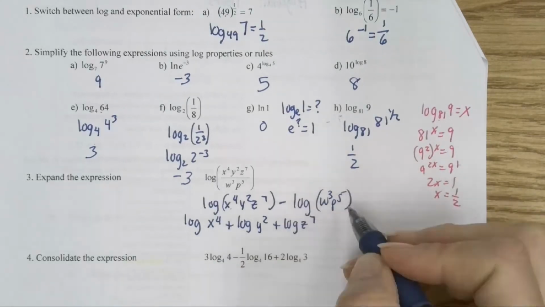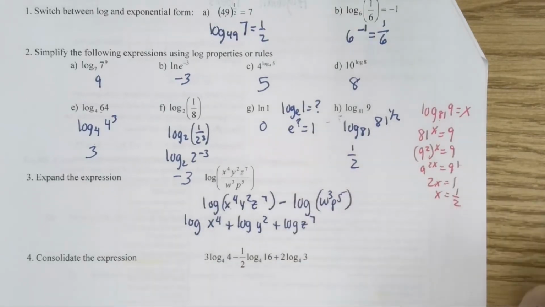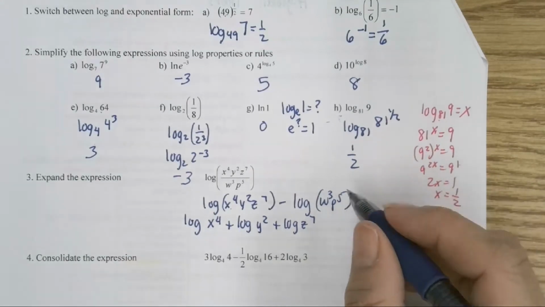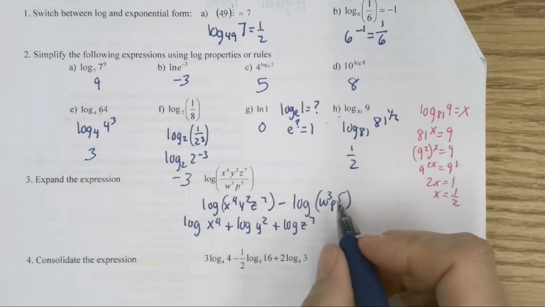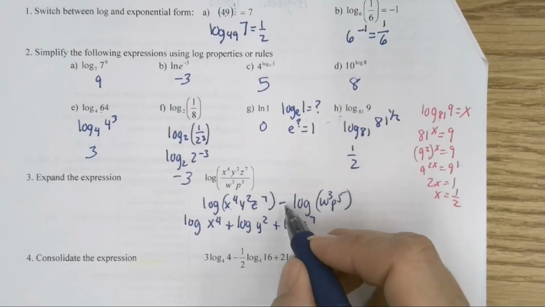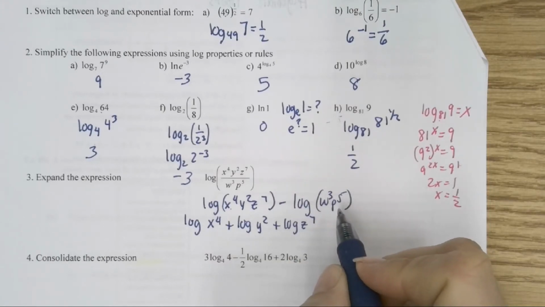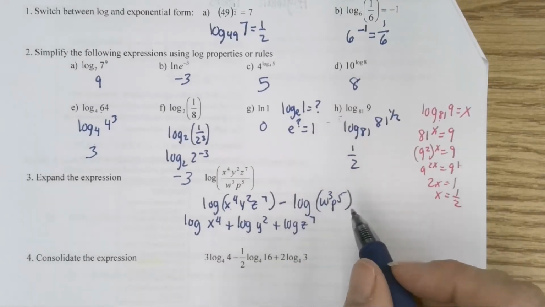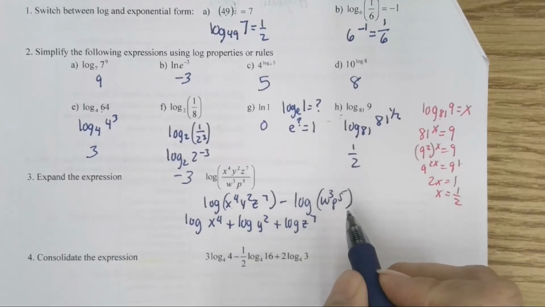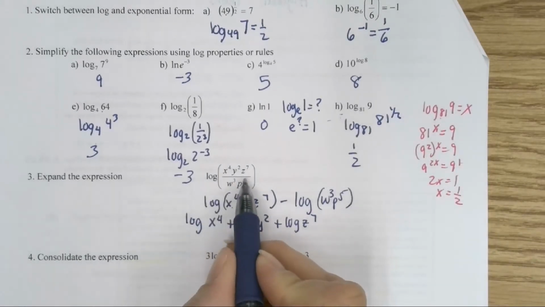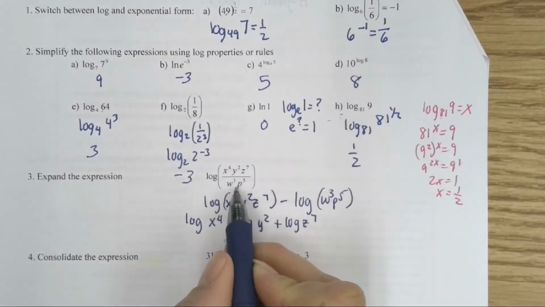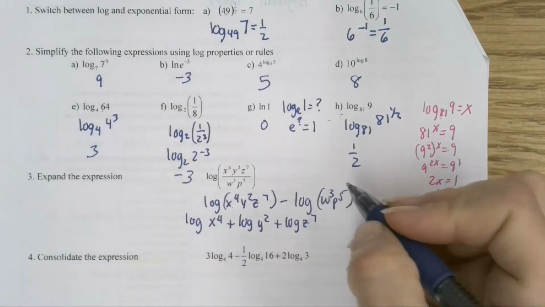For the second expression, this is a quotient, but what I'm realizing is that when you create your expression here, it was a quotient to begin with. Every expression that was in the denominator is going to wind up with a subtraction symbol in front of it. So you can do this one of 2 ways.